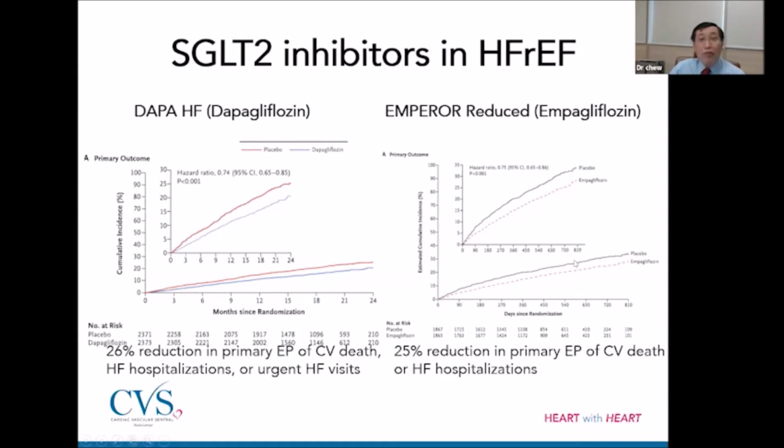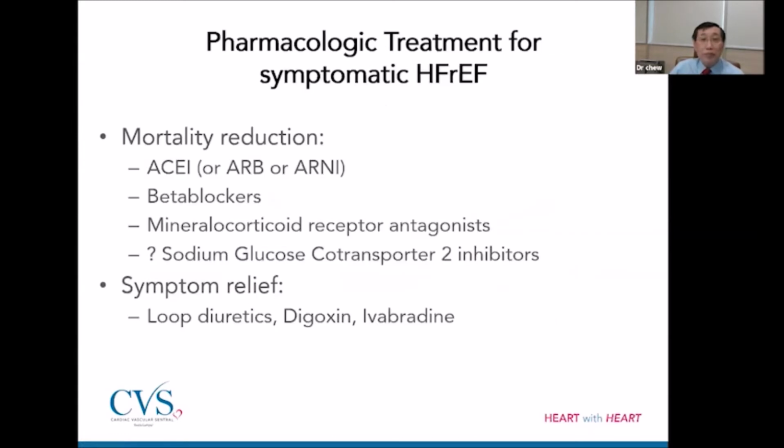So I believe this would be the fourth class of agents to be used for the treatment of patients with heart failure. If we were to summarize the pharmacological treatment of symptomatic heart failure, for mortality reduction, we should use an ACE inhibitor. If the patient can't tolerate ACE inhibitors, you can use an angiotensin receptor blocker.